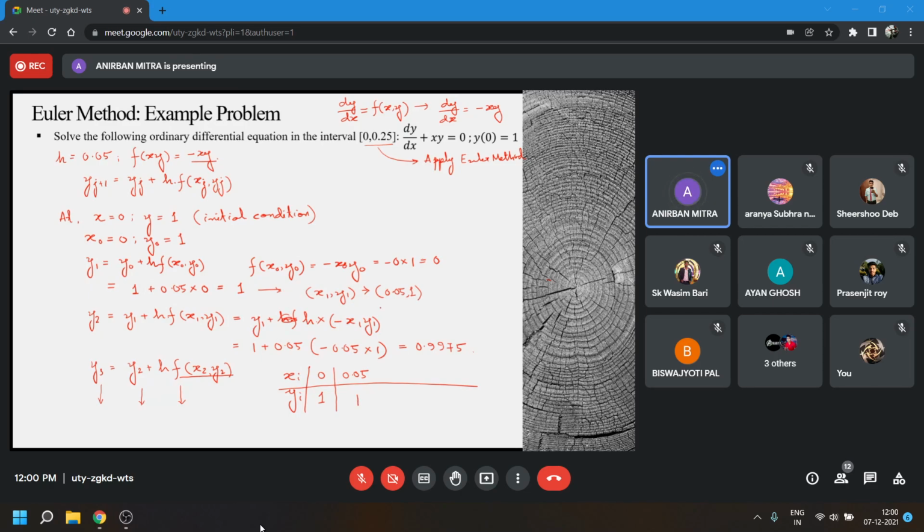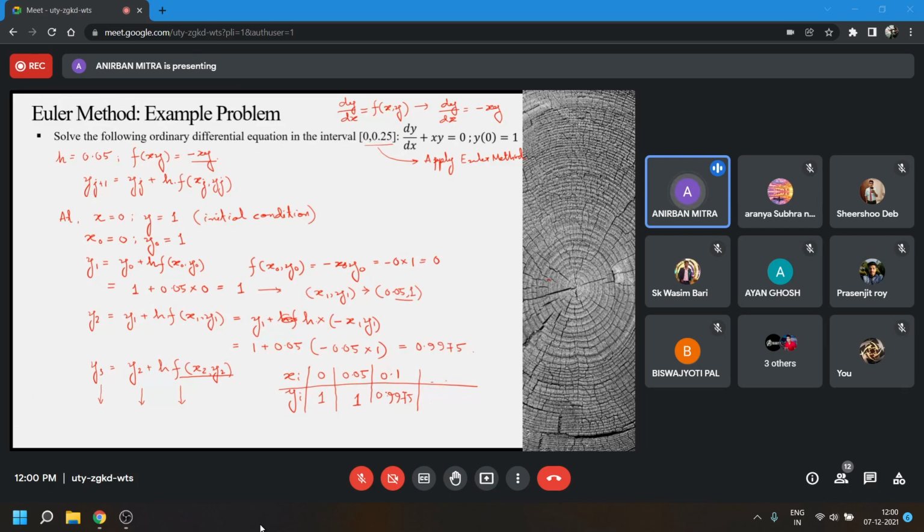You can see it here. In the next one, this is 0.1, 0.75, and like that, it will continue.